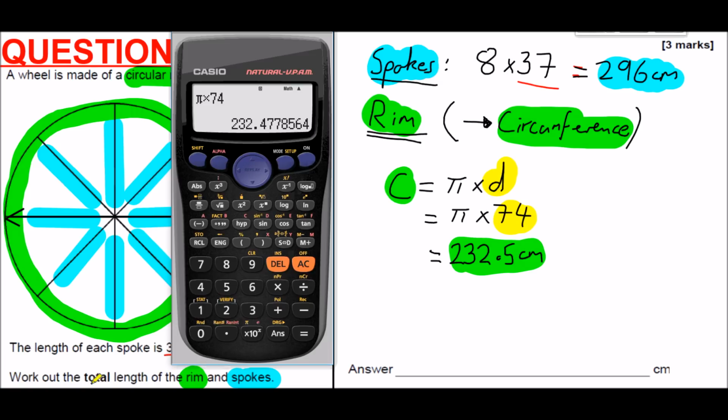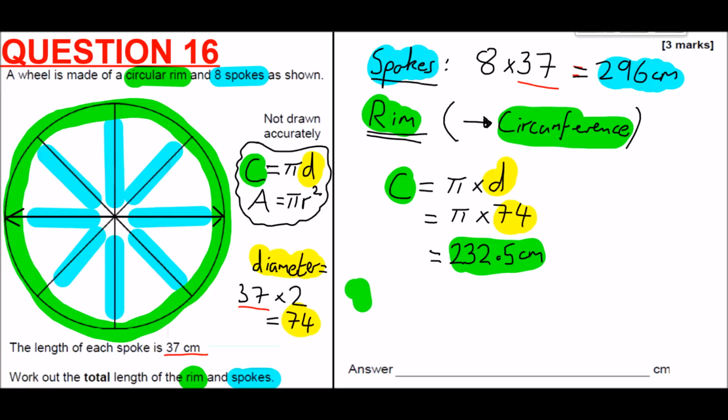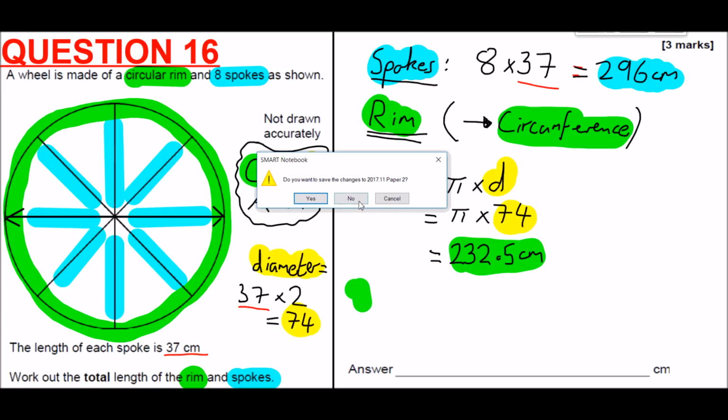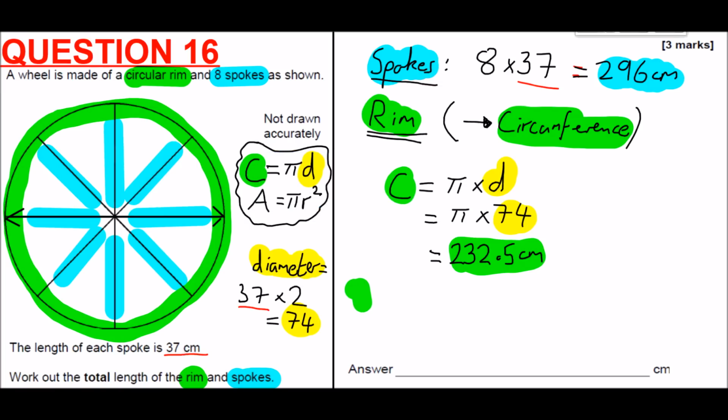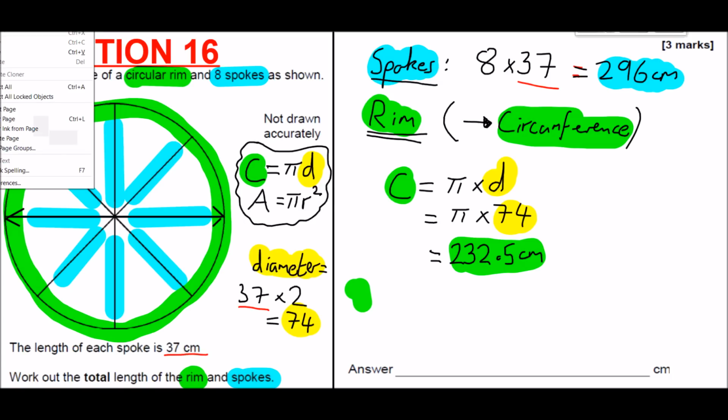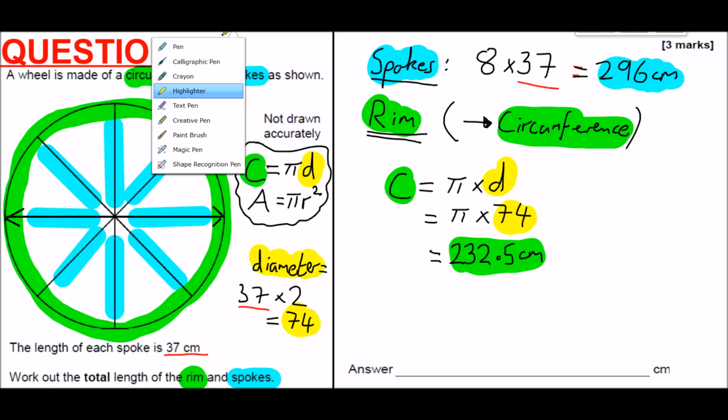So now the total length of the rim and the spokes is going to be 232.5, or whatever you rounded it off to, plus 296, which comes to 528.5. So we can write this down here. Total mistake there. Did you spot it? Oh well, never mind.